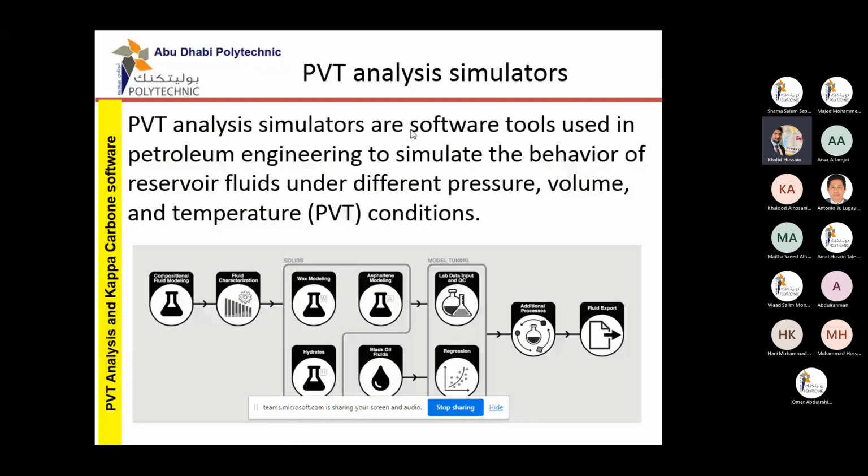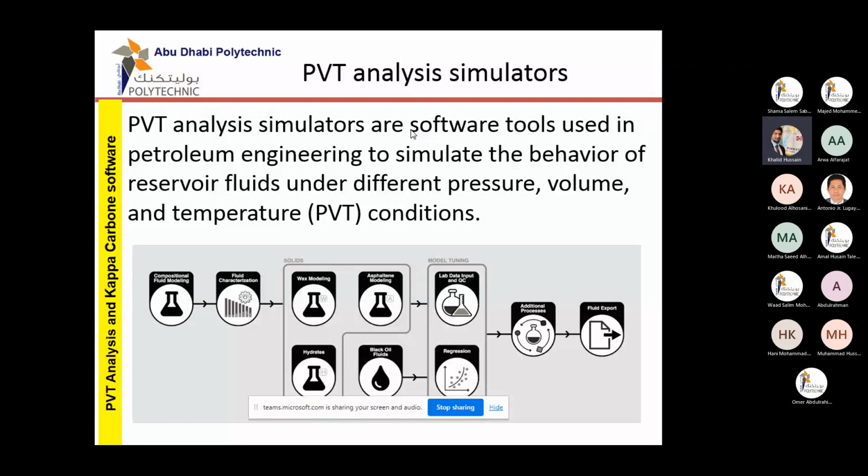The first job of the PVT simulator is to verify our experiments, and the second job is to give us results for experiments that are not yet done in the lab. Once we match the initial data, then we can also predict future data.